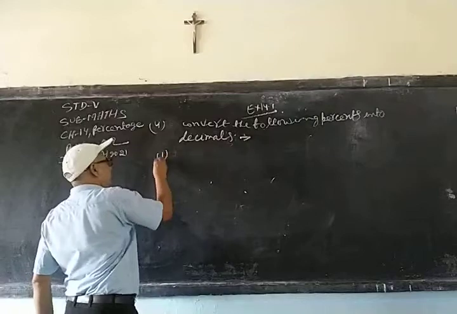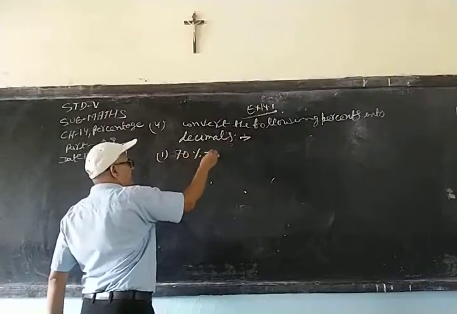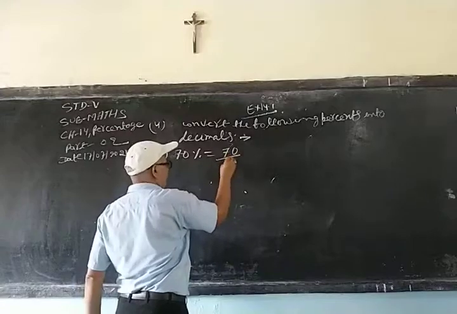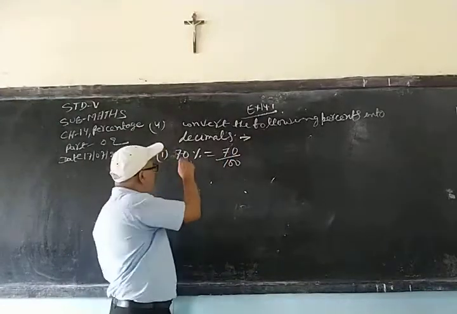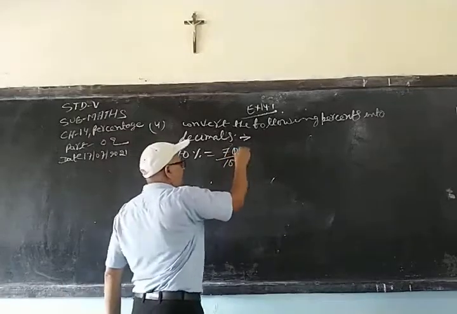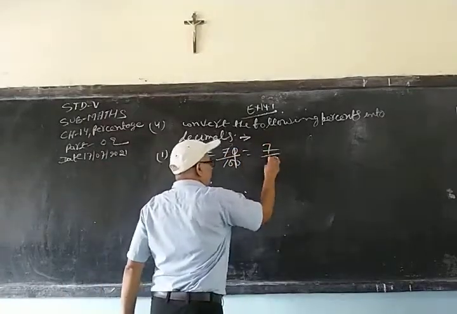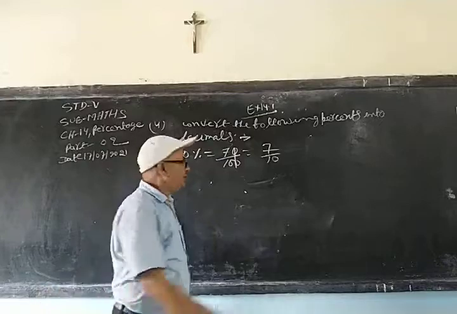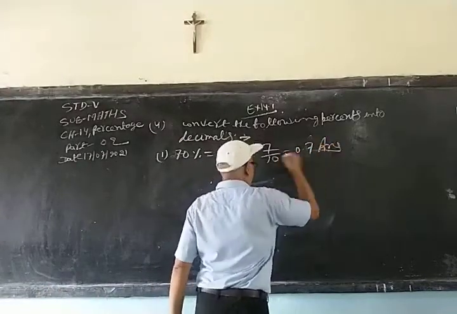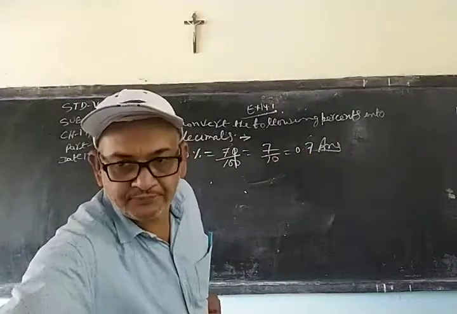First, 70%. 70% means 70 by 100. To remove this percent sign, you will divide by 100. The zeros cancel, 7 by 10. So when you divide 7 by 10, it will become 0.7. That is your answer. It is clear?